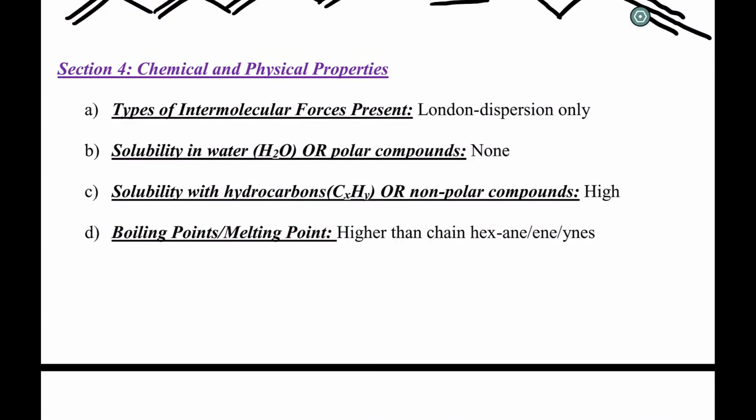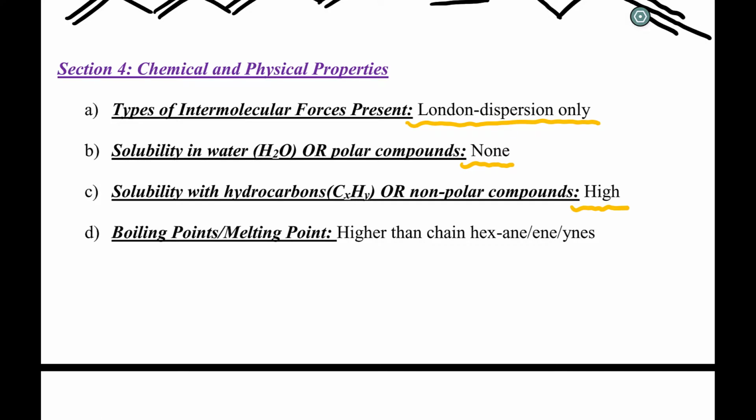In the next section, we're going to look at the chemical and physical properties of benzene, and they're really not any different than the rest of our hydrocarbons. Again, they're nonpolar substances, so London dispersion forces only. Essentially no solubility in water, high solubility in other nonpolar compounds.